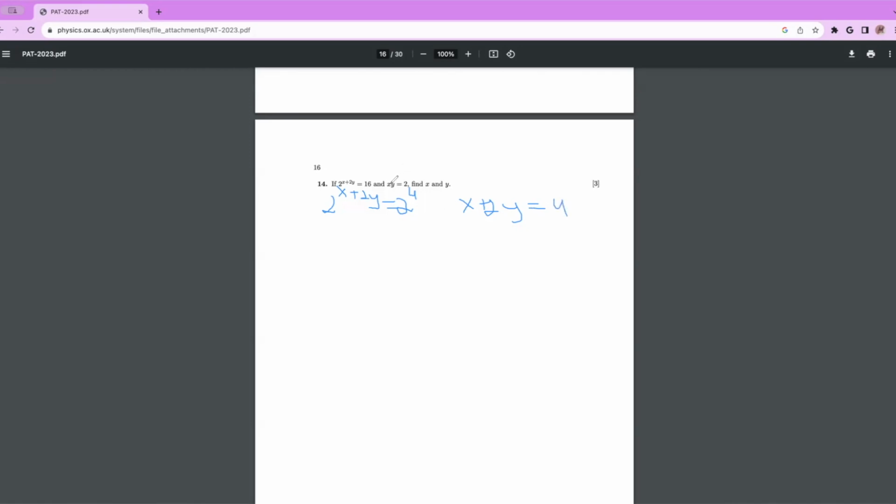And here we have that x times y is equal to 2, which means we can actually say that, for example, x is just equal to 2 over y, which would give us 2 over y plus 2y equals 4.